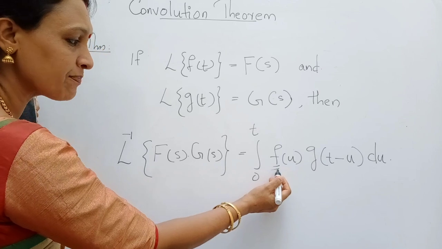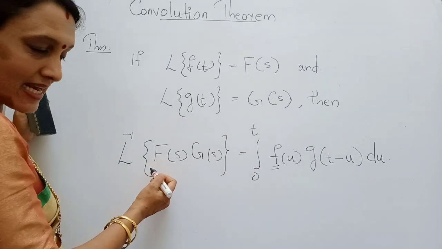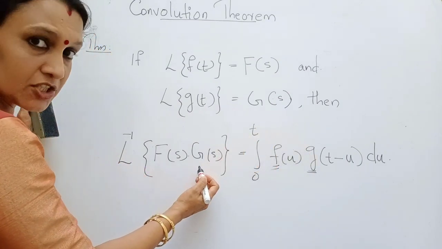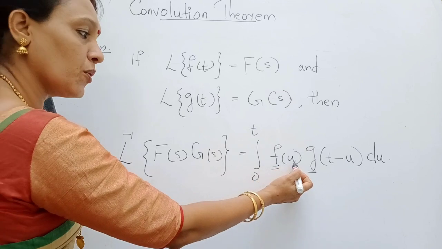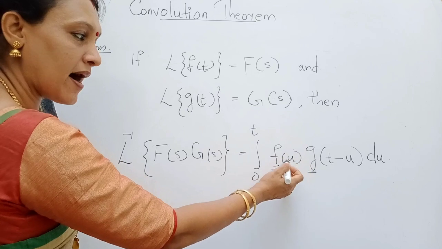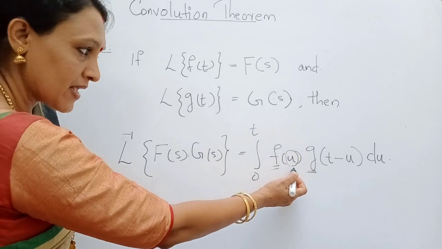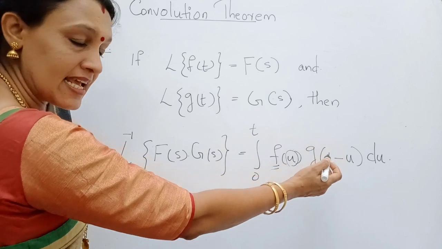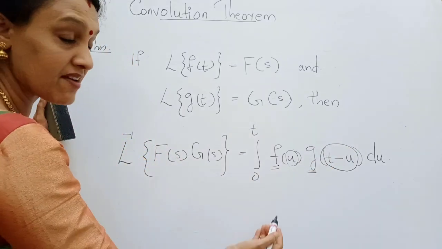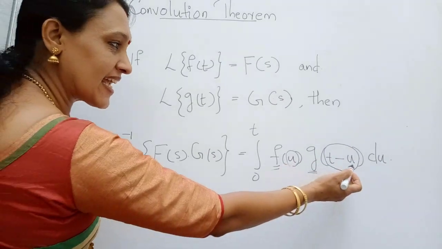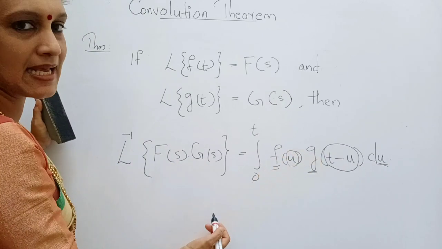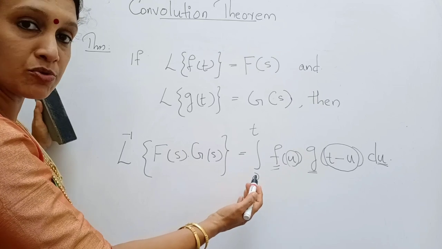Small f means it is just inverse of capital F. Small g means it is just inverse of capital G. So f of u means in f of t, you replace t by the new variable u. And in g of t, that t is replaced by t minus u, and remember this is integrated with respect to u and not with respect to the variable t. This is called the convolution theorem.